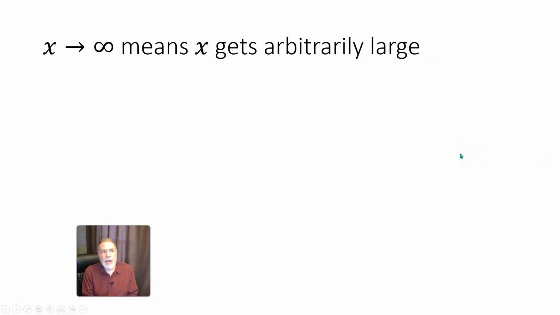So when we talk about what happens as x approaches infinity, we mean that x gets arbitrarily large as you want, or larger than that, or larger than that. Some examples. The limit as x approaches infinity of x plus 2 would be infinity. If x is arbitrarily large, then x plus 2 gets arbitrarily large.